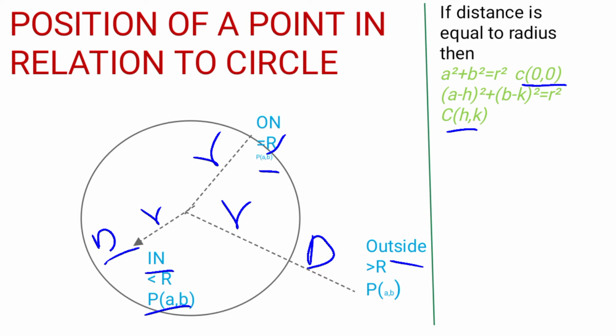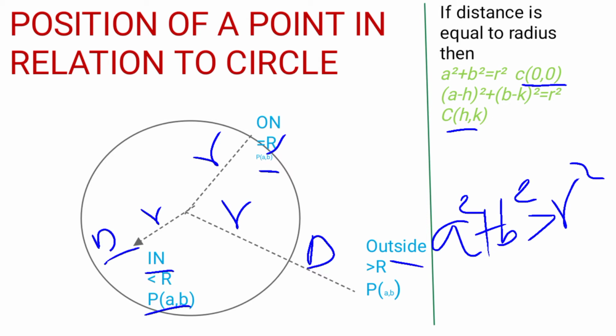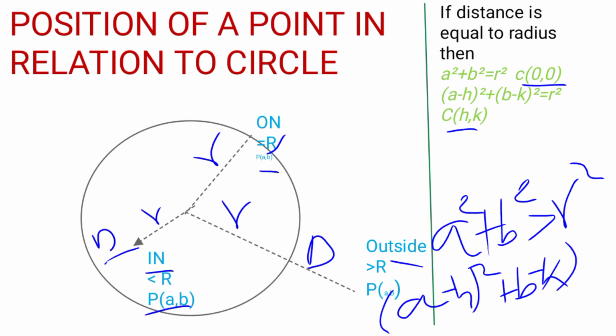If the distance is greater than the radius, that means it's outside, then the equation will be a squared plus b squared is greater than r squared if the center is 0, 0. Similarly, if the center is h, k, you will write a minus h squared plus b minus k squared is greater than r squared.